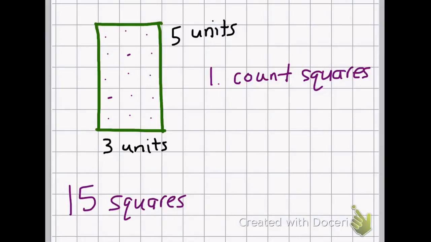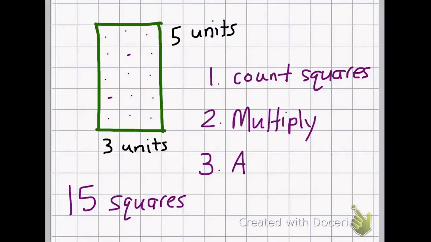We've also talked about ways that would be a little bit quicker. Rather than counting, though it's not difficult to count to 15, we can do it a little more quickly, and we may choose to multiply. So here we would do 5 times 3 gives us 15. And the third one, we know that multiplying is a way of speed counting or even adding quickly.